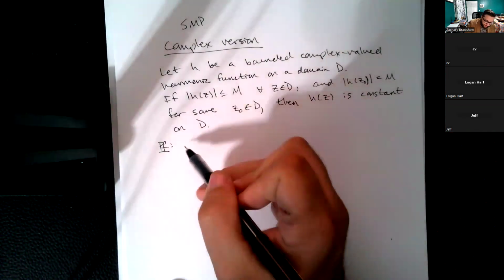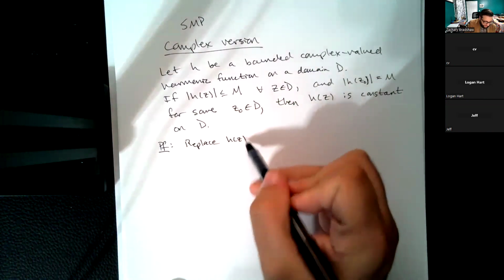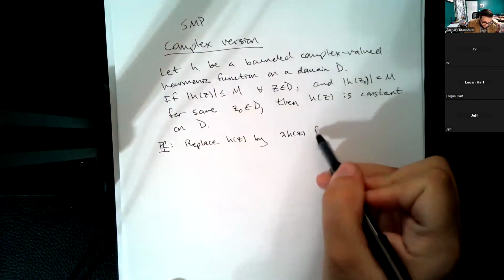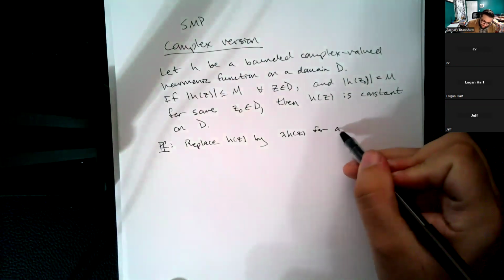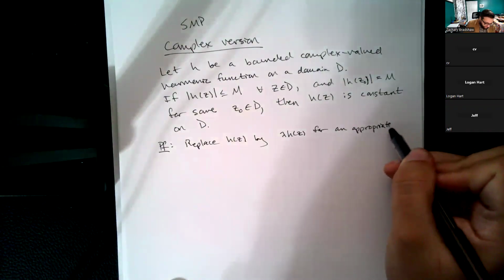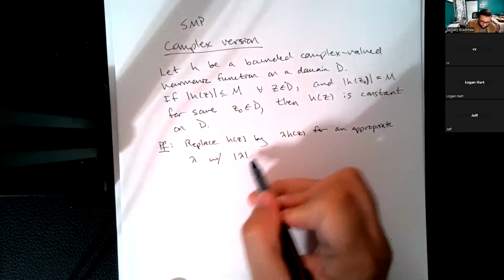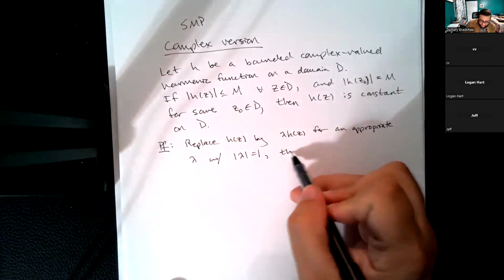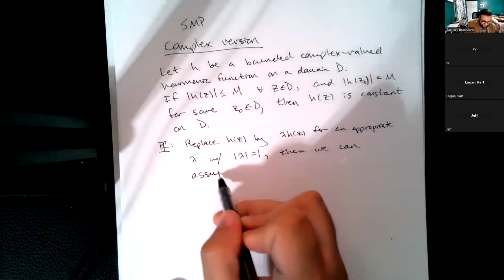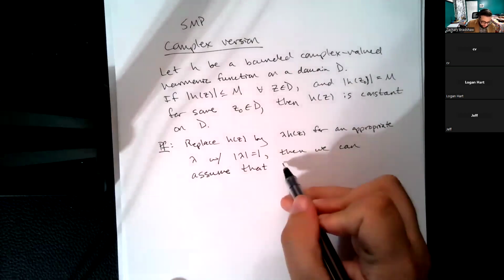Well, if we replace h of z by lambda h of z for an appropriate lambda with modulus 1, then we can assume that in fact the function achieves that bound.